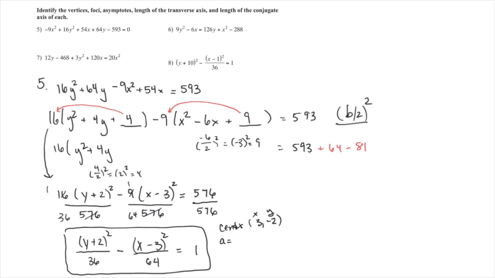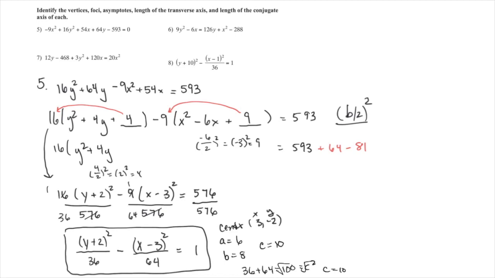So in this case, A is 6, B is 8, and this is the Pythagorean theorem here, so I'm going to have C equal to 10, because we would do 36 plus 64, which is 100. That's equal to C squared, so obviously when I square root both sides, I get C equals 10.